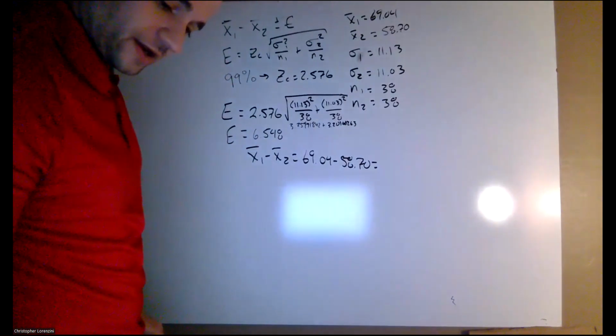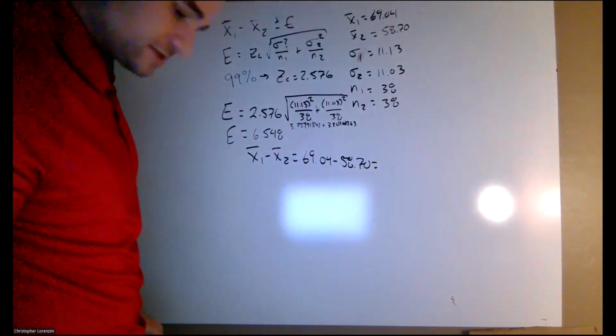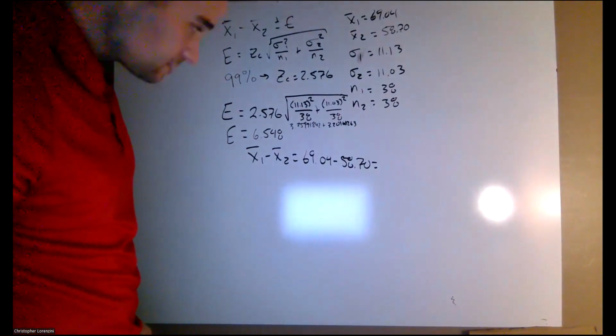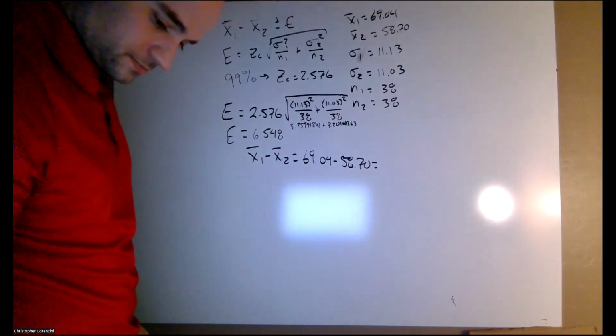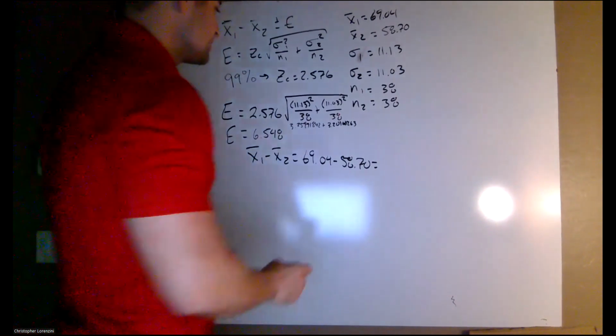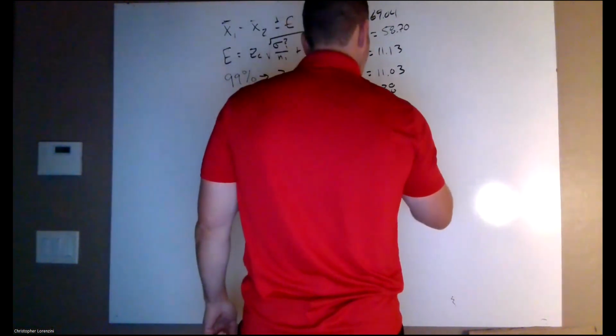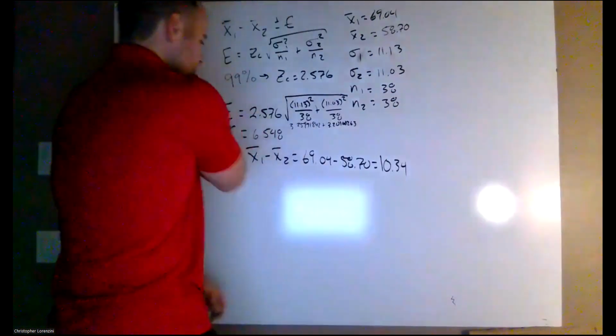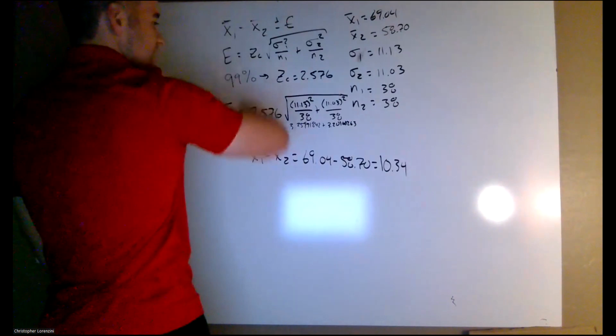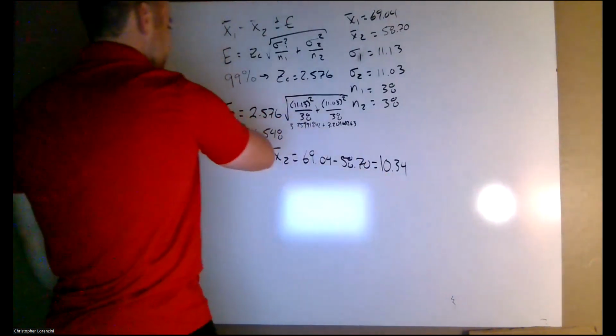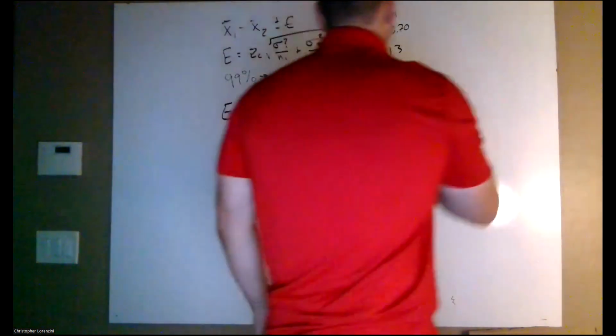And again, we're going to plug that in just to make sure we don't make any mistakes on this. And we get a difference of 10.34. So now we're going to take this quantity here, and we're going to buffer it by our margin of error.